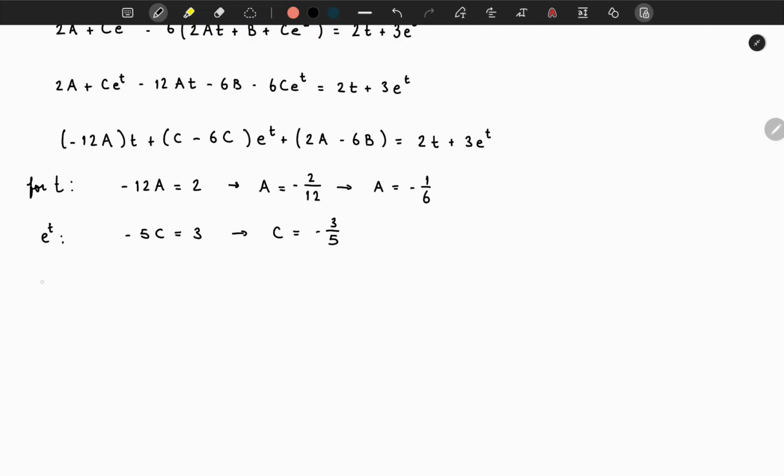Now all we have to do is just find our b. So for our constants, let's just say k for constants, we have 2a minus 6b, and it's equal to, well, there's technically a constant here, and it would just be a plus 0, so we can set it equal to 0. Now we know what a is, so we can actually plug that in.